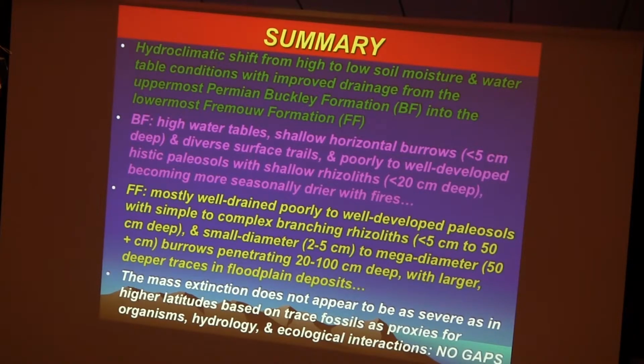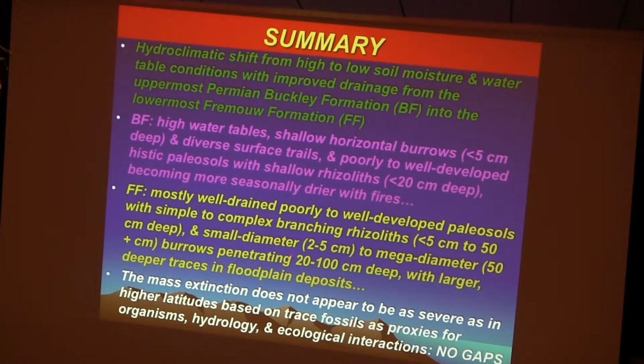Fremont: it's well-drained, poorly to well-developed soils, simple to complex branch roots that penetrate actually to 50 centimeters in depth. Lots of nice redoxomorphic features, so there's actually a fluctuating water table, but in general it's pretty much better drained.